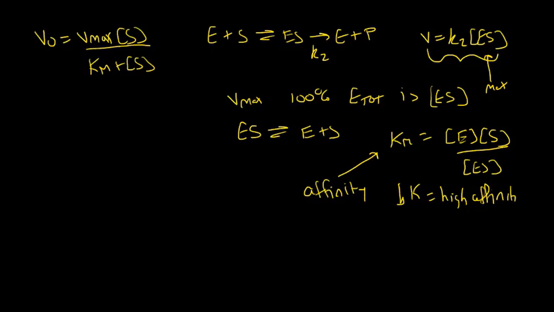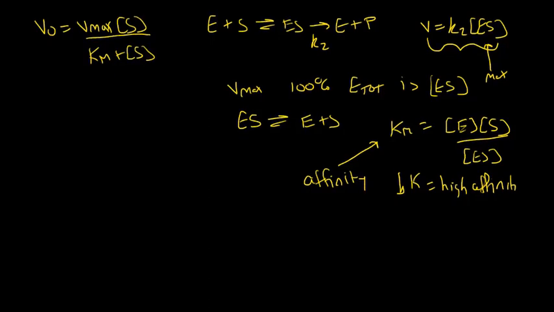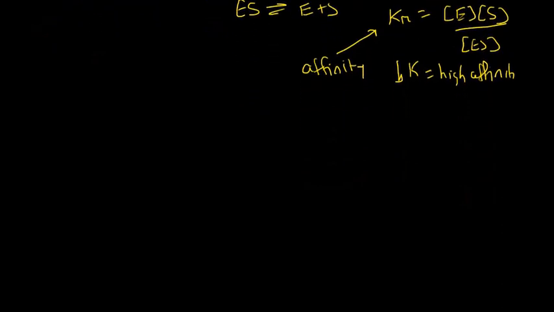In this video, we're going to explore this equation a little bit more, but now we're going to give it a graphical context. So let's go ahead and slide down here, and I'm going to rewrite my equation. V naught equals V max times the substrate concentration divided by Km plus the concentration of the substrate.